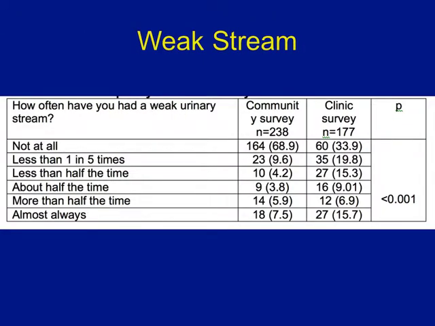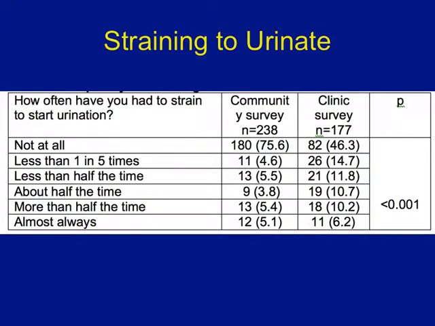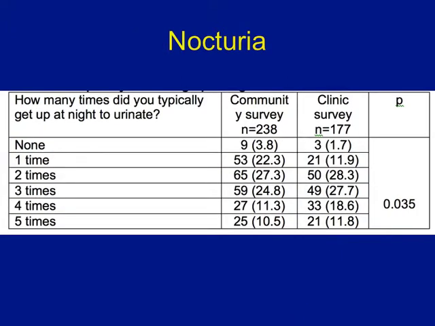And weak urinary stream, about 80-ish% of people in the clinic had some degree of complaint about that. About twice as many people in the clinic versus in the community complained of weak stream. And straining to urinate, about 25% of men in the community and about double that at the clinic.